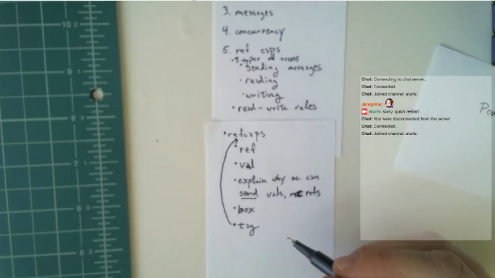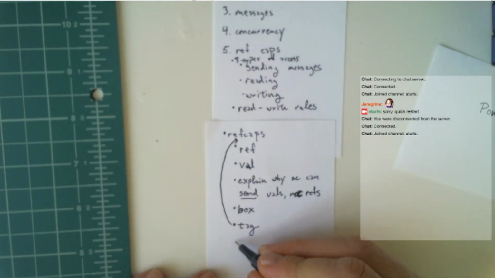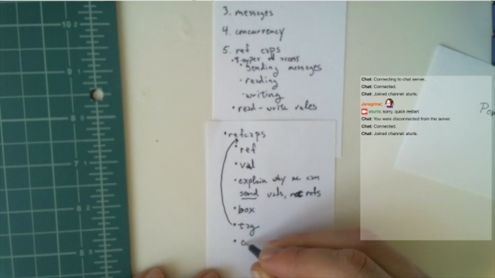So once I've explained these things, then what I want to do is talk about ISOs, and I think the way to do that is to introduce the idea of consuming a reference.